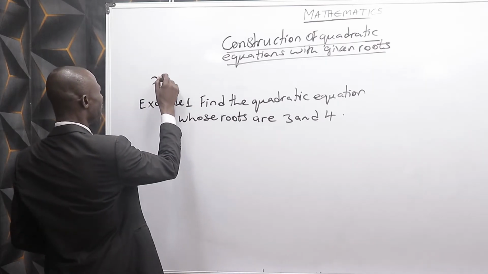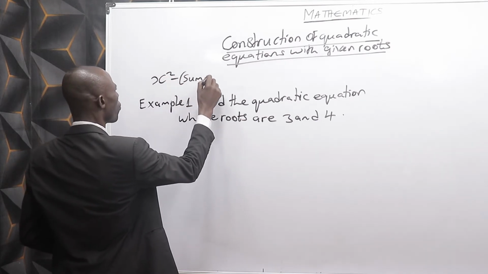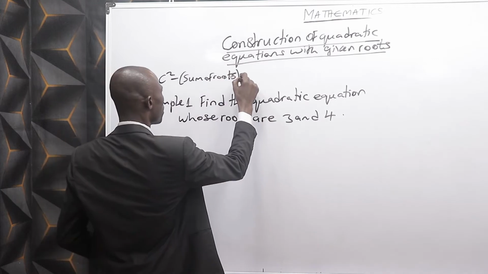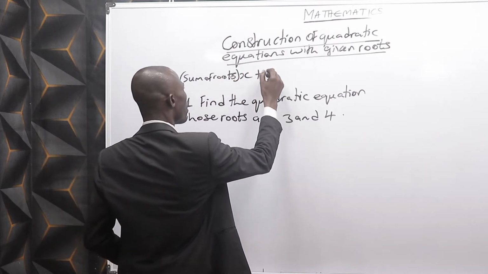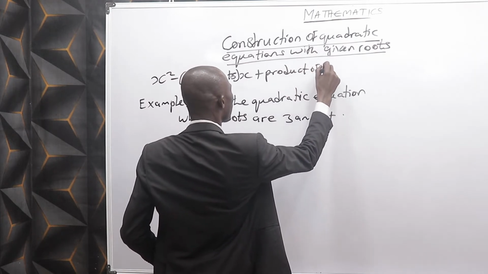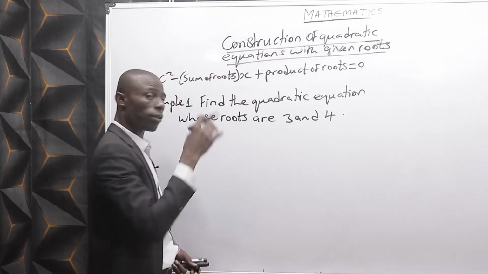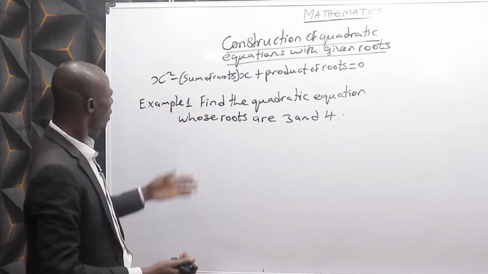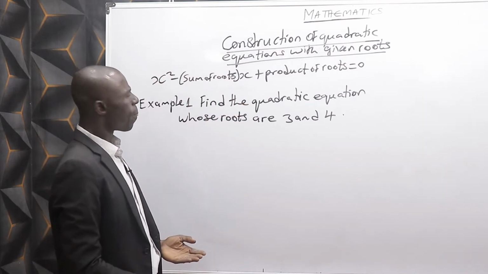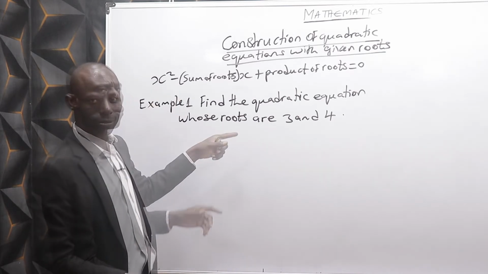We have x squared minus sum of roots into x plus product of roots equals 0. That is a format. This format is true always.